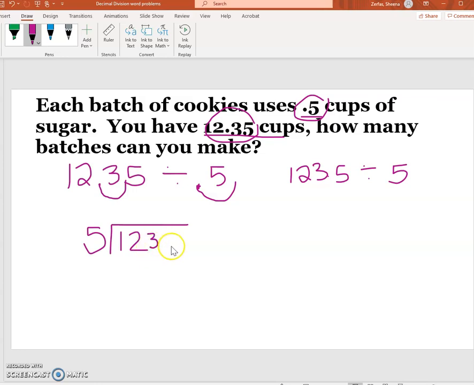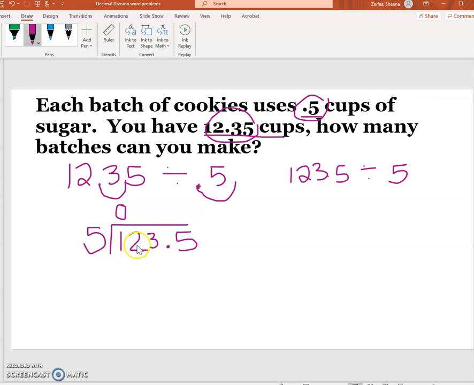So our dividend goes inside, we keep that decimal point, and we're going to go ahead and divide. When we have a decimal, it's really important that we're keeping our decimal place values lined up. So make sure as you're dividing you put in any 0 placeholders as needed. For example here, when I tried to take 1 and divide it by 5, I can't do that, so I put in my 0 placeholder.